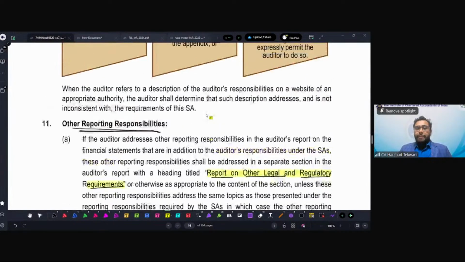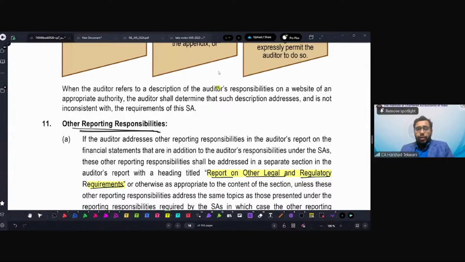In case of a company audit, can anyone tell me what is the other legal and regulatory requirement on which we are required to report? Caro. Okay, Caro. So in case of fraud also, there is a legal requirement for communicating amount relating to the fraud. Yes.